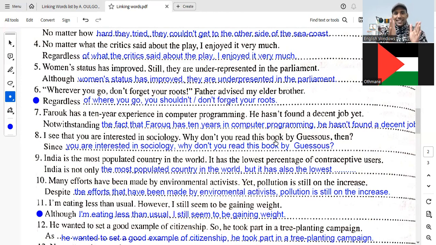It looks quite similar to this statement. Let's think of another idea, maybe regardless of your family problems. If a student has family problems and so on, regardless of your family problems, you should do your homework, revise your lessons, or work hard.